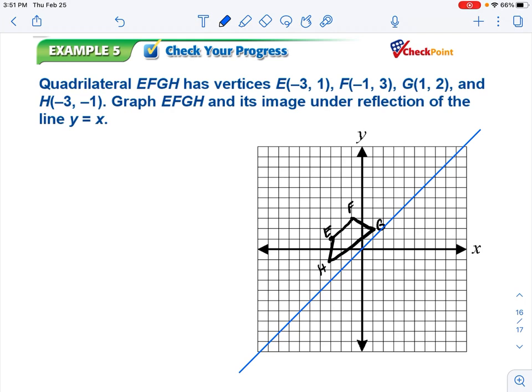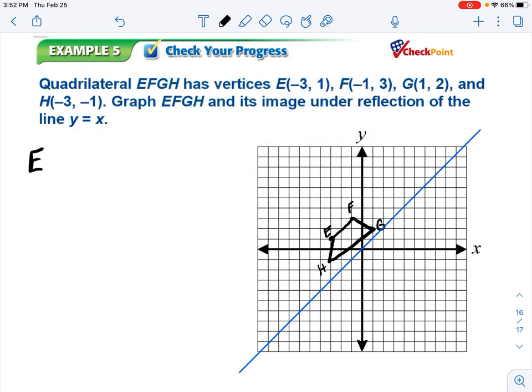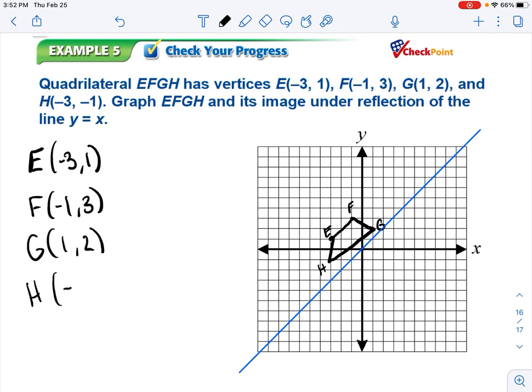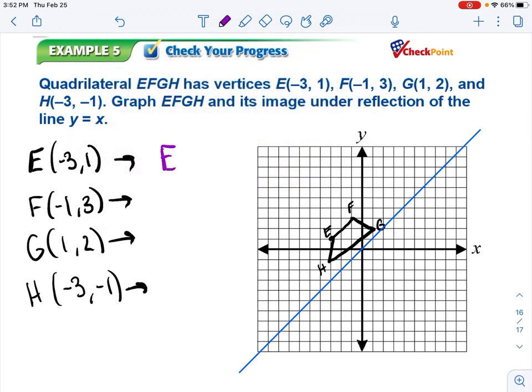Close enough to get a visual. And then I'm going to rewrite these so that way I can notice how they flip. E prime is 1, negative 3.